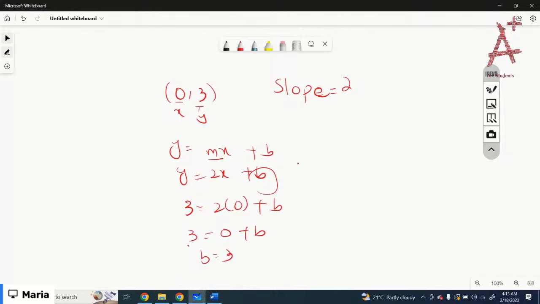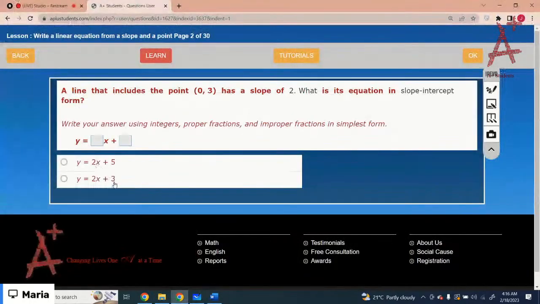So b equals 3, and the equation is y equals 2x plus 3. Got it? So the correct option is the second one.